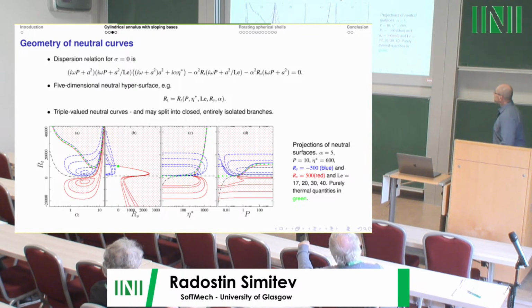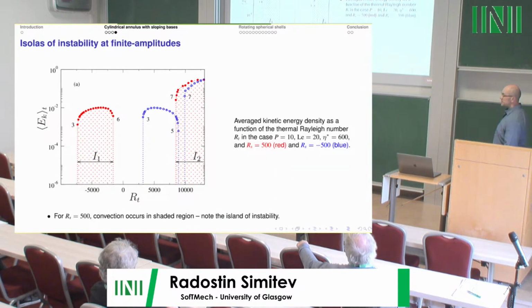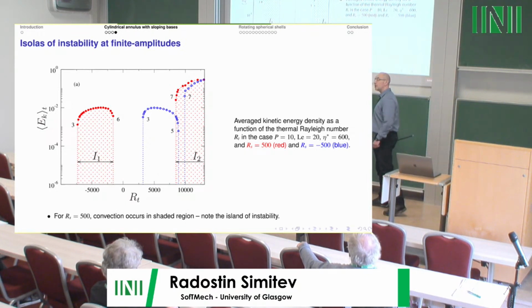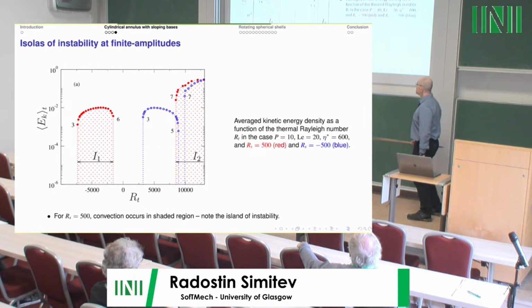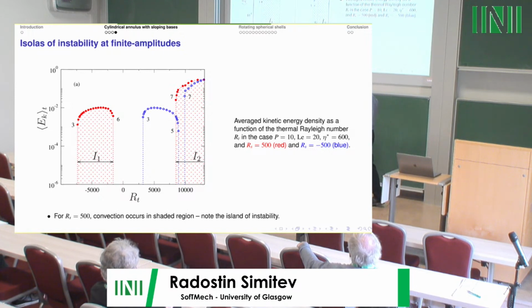Right, and in this slide, I'd like to illustrate that this linear picture persists in the non-linear regime. So if you consider now finite amplitude convection with all modes competing, let's concentrate, for instance, on the red case.